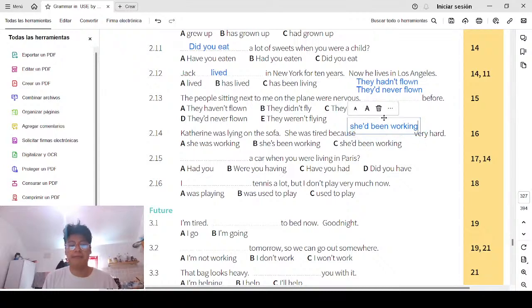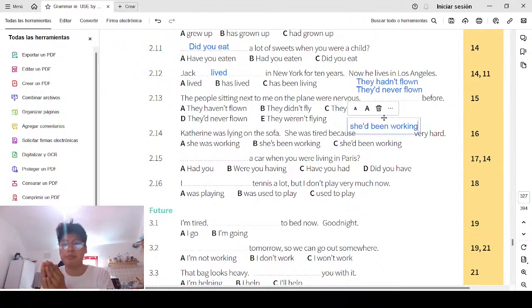Okay. Why? Catherine was lying on the sofa. We're talking about the past. Was lying is in the past. That's the point, that Catherine was lying on the sofa. She was tired because she had been working very hard. So the reason why she's lying on the sofa is because she was tired.